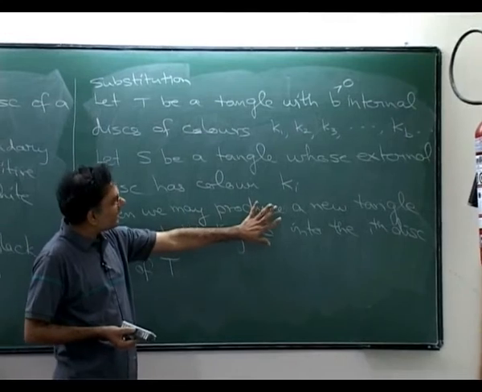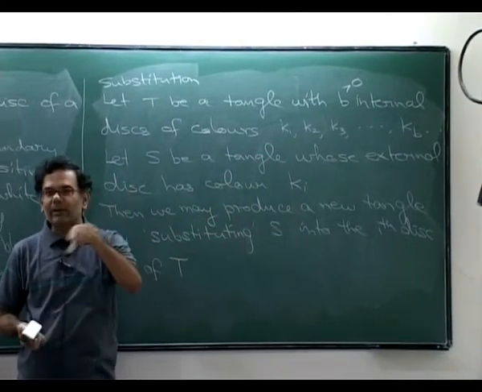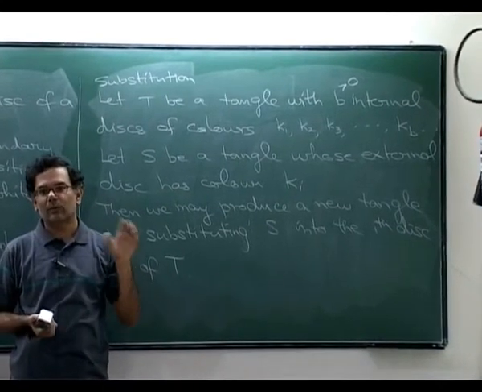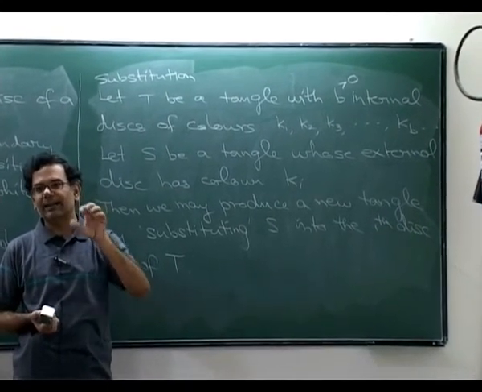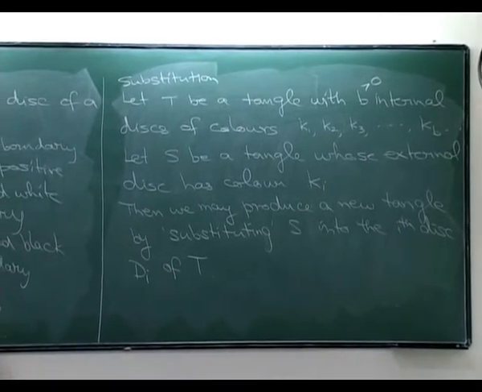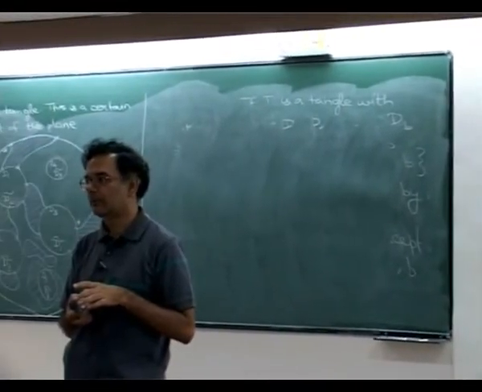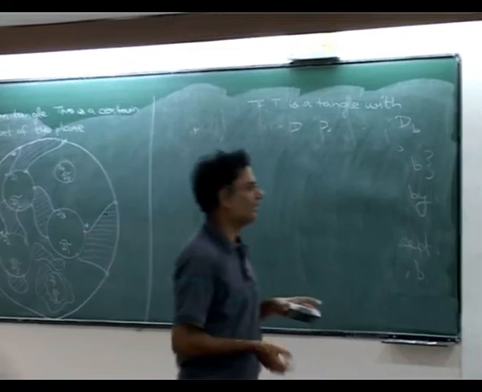No, there's no question of i exceeding B. We are taking S to have color equal to one of the colors of the disks of T, right? Actually, Ravi suggests a different notation, Ki of T. So you're saying that if there is an i such that K0 of S is Ki of T. Exactly, yeah, that is okay.